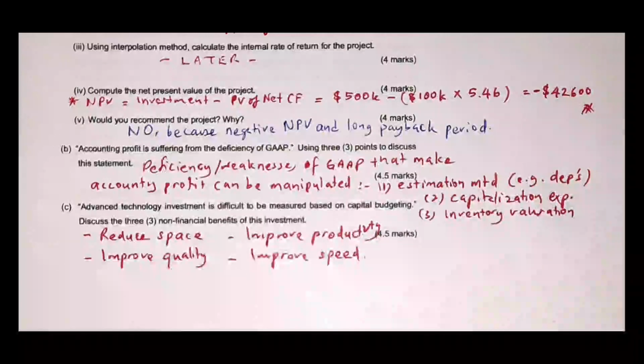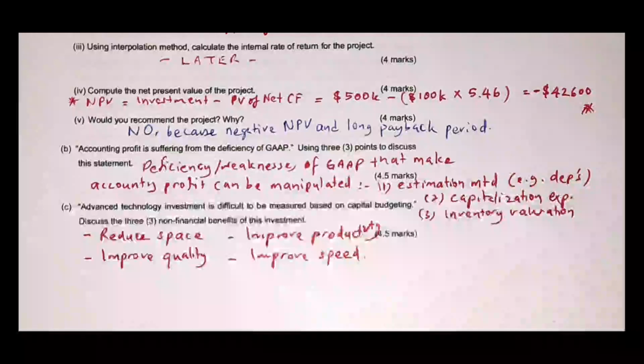So see here, discuss 3 non-financial benefits of the investment in advanced technology. So most of the time, the benefits of investment in advanced technology are in the form of non-financial benefits, including the 4 points that I have written here.